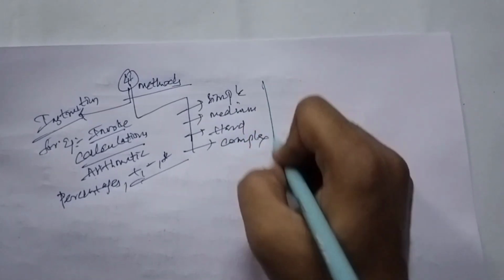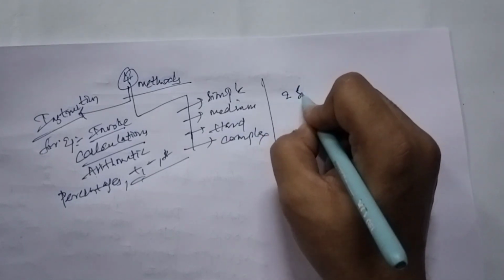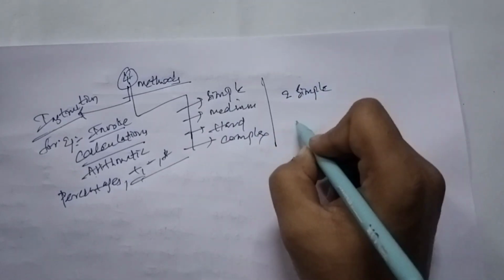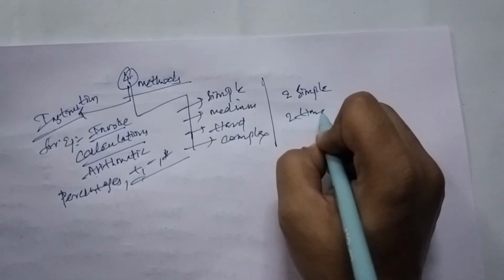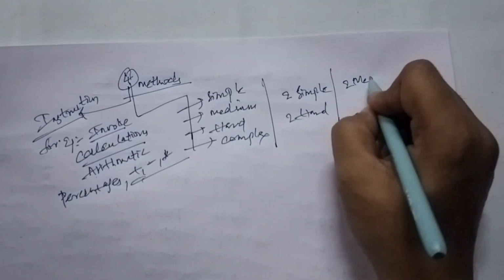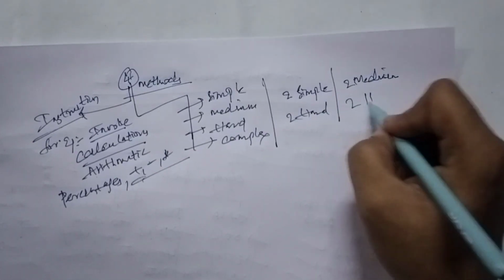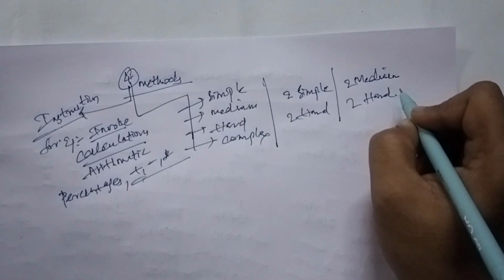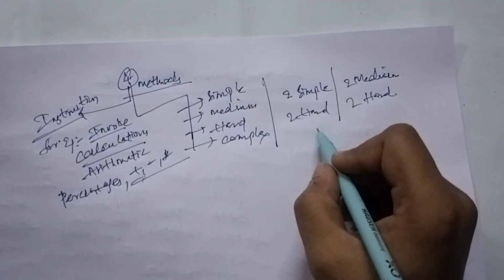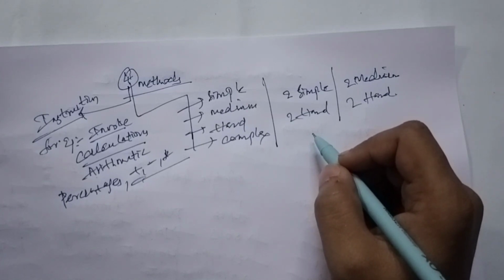Sometimes they can also give two simple methods and two hard methods, or two medium methods and two hard methods, depending upon the question paper they prepared. You need to prepare whatever methods they give, and be able to code it.